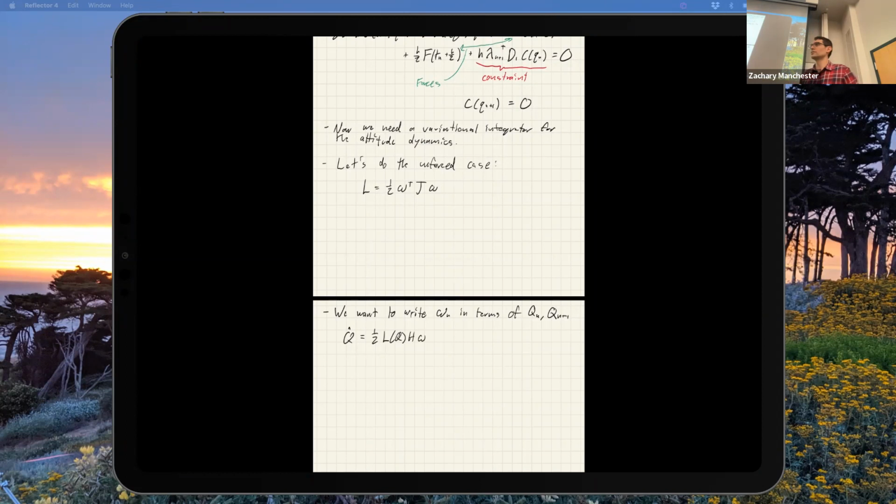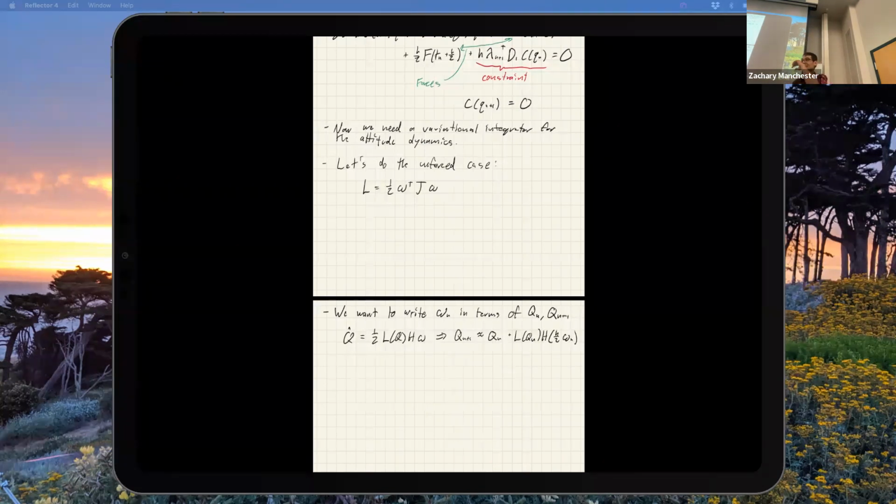If I were to do an Euler approximation of this and integrate over a time step, I get something like the following.